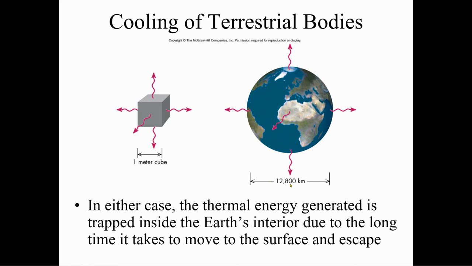We saw a little more than 6,000 kilometers from the crust to the center, so it takes a long time. There's a lot of gravity there holding all this in, and it takes a while for that heat to escape and cool things off.